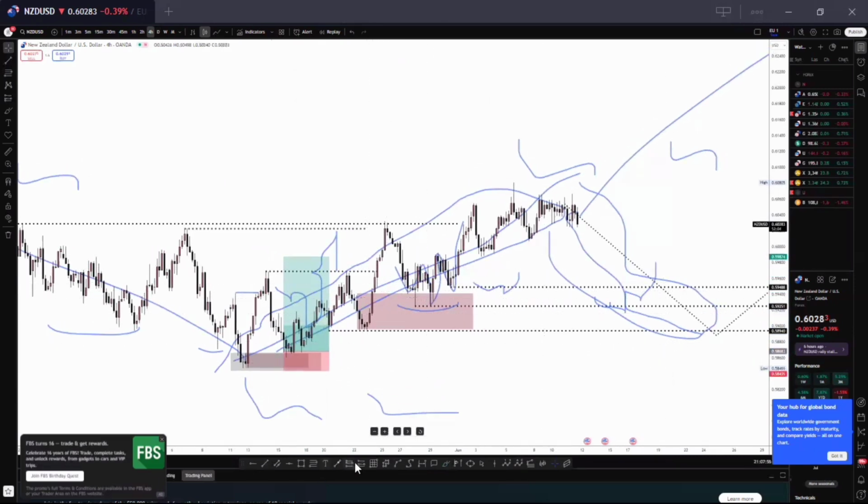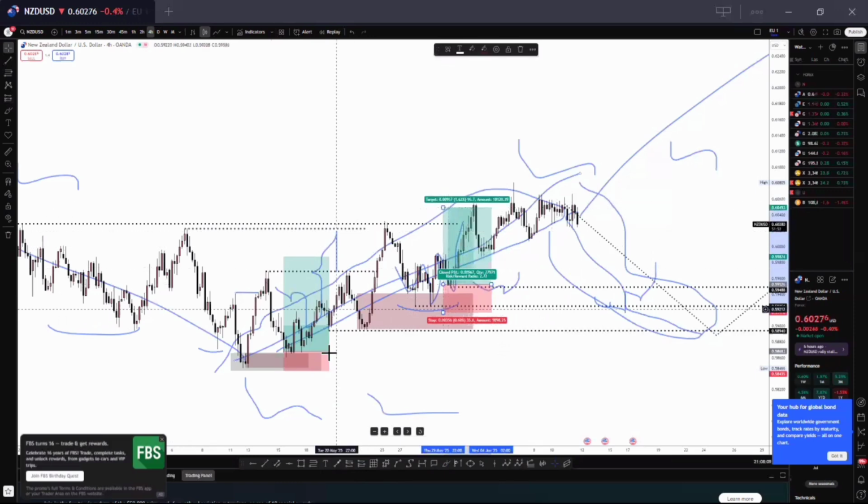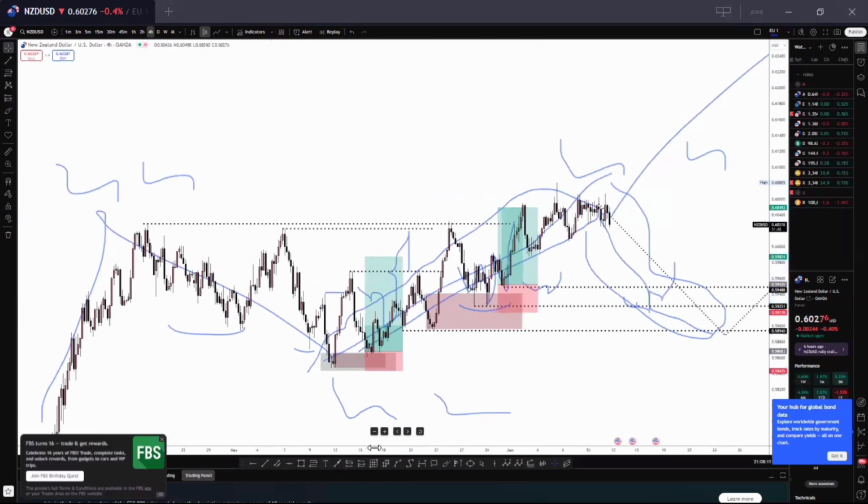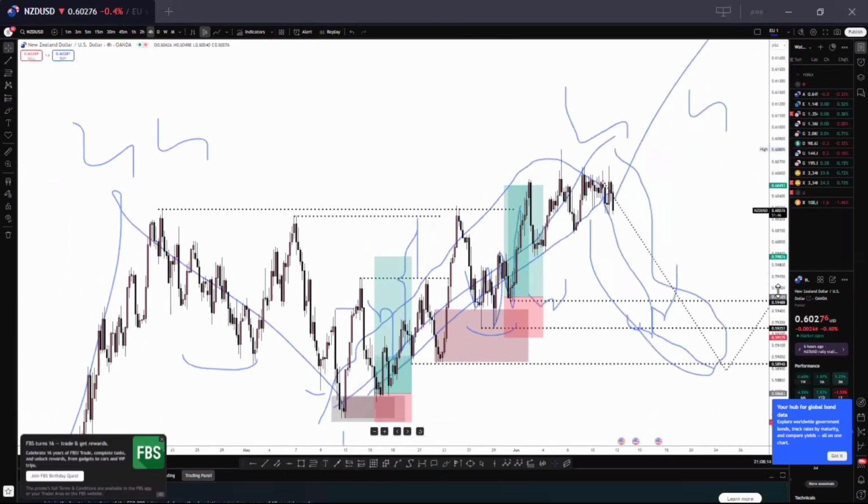If you were trading this one too, your entry would be here. SL will be here. And this would be the overall target here, which is this high.